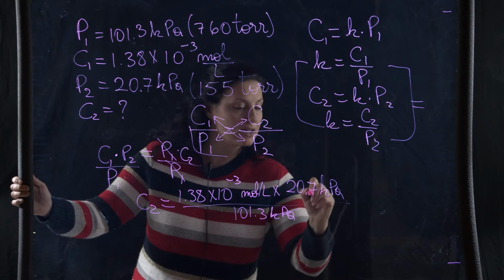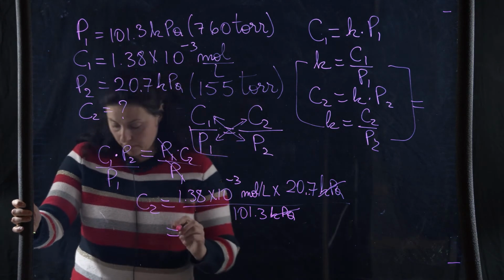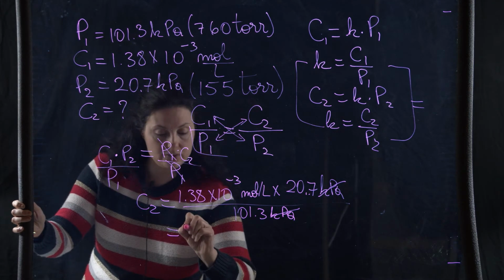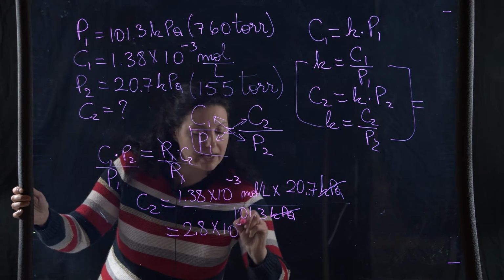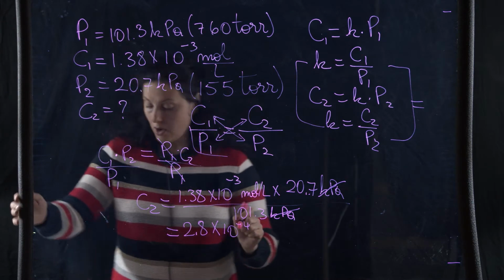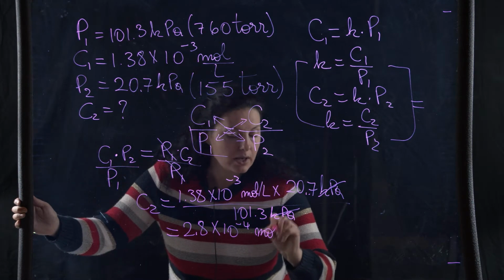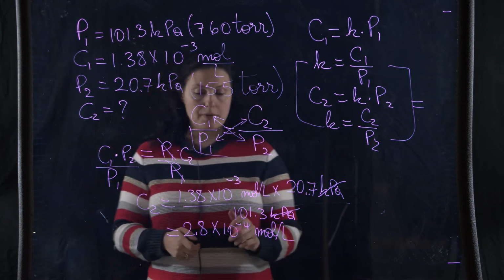My kilopascals will cancel, and then if I do this math, I will be left with 2.8 times 10 to the minus 4th moles per liter. And it's a unit of concentration because that's what I'm solving for.